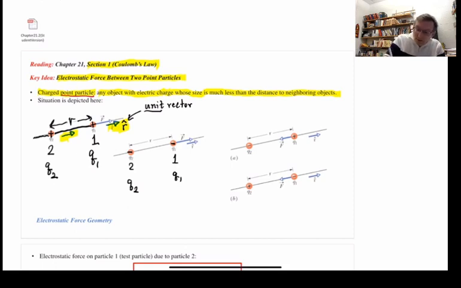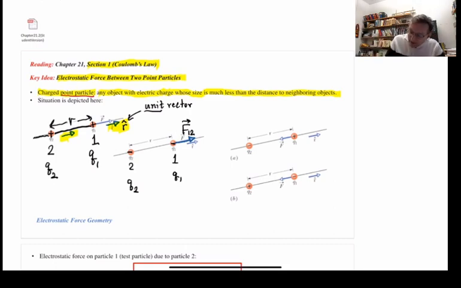When they draw the force on 1 due to 2, they first draw it anchored on 1, and they show it pointing away from 2. Do you see why? Force on 1 due to 2. Because like charges repel, and the force on 1 is away from 2. I just want these pictures to be clear for right now. Same R hat direction, because it's still 2 particles along the same line.